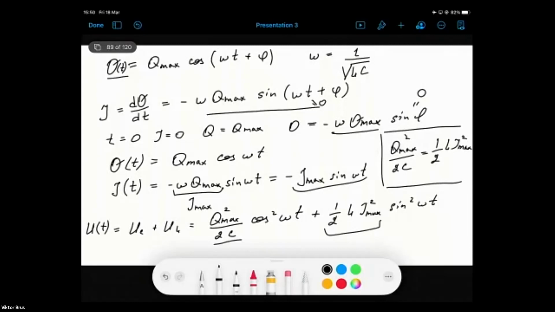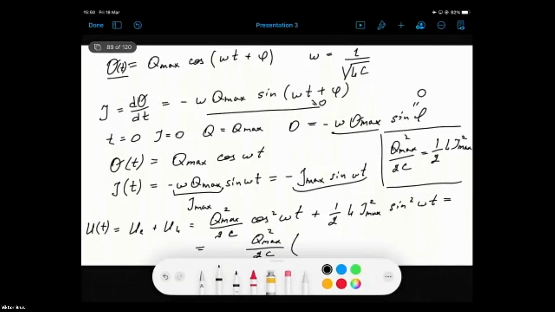And eventually we will get, here, so this will be equal to Q maximum square divided by 2C.